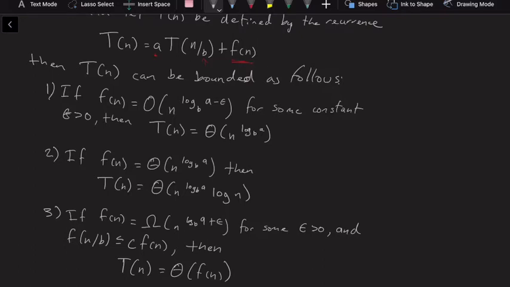It's something that we're going to be using and it's going to be useful, and we're not going to actually prove the master theorem, but we're going to be using it. And this is a very important and useful tool because it covers a great chunk of runtimes of divide and conquer algorithms, algorithms where we're going to be doing recursive calls of our function on smaller sets.